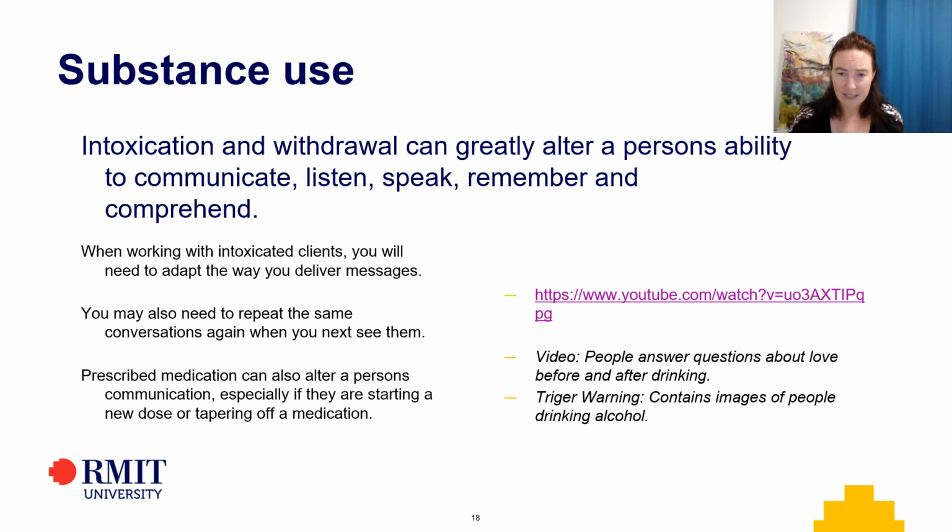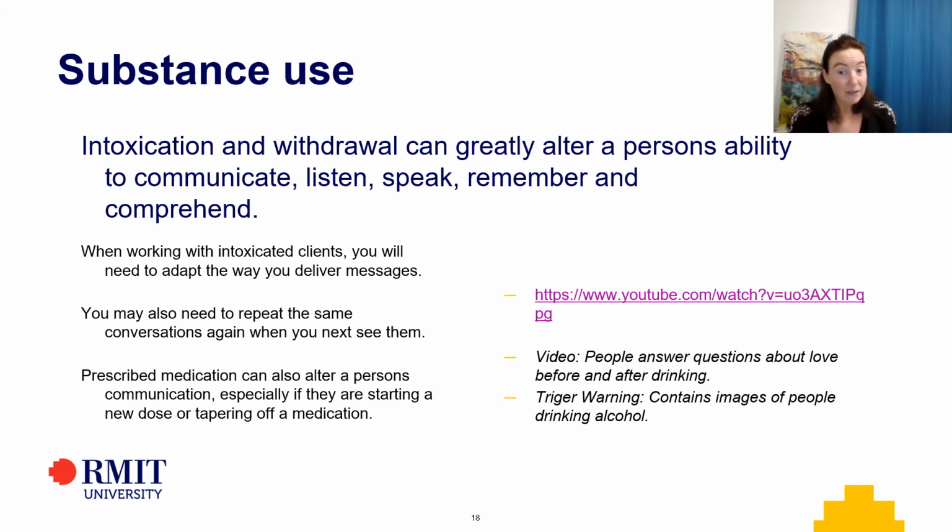And it's not just illegal substances. It's also medications. Prescribed medications can really impact a person's ability to focus, their memory, their ability to comprehend and understand. So that's another consideration, especially when people are first starting a medication for the first time.